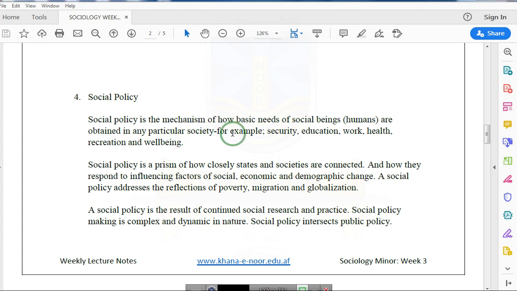Every social group, and by large, every human society has evolved to find an answer of consensus to these basic human needs. How are they to be defined and obtained?